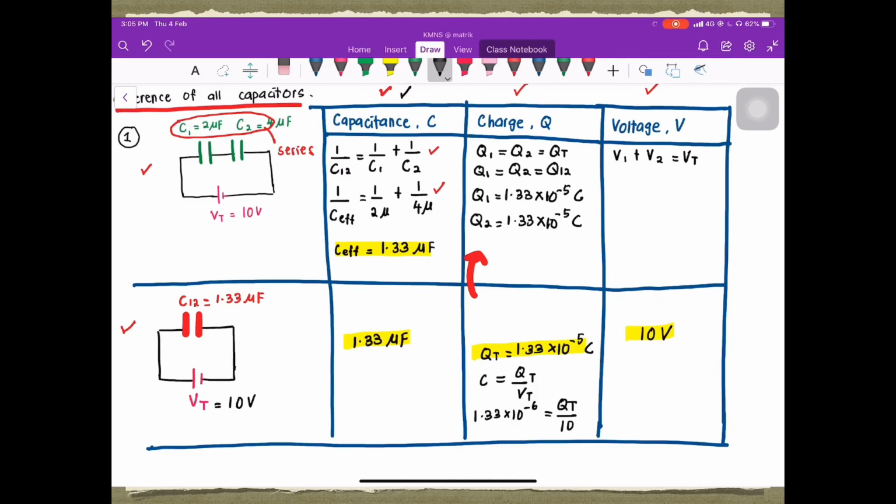Now we want to calculate V1 and V2. This is V1, this is V2.